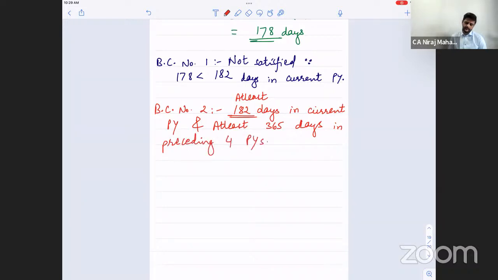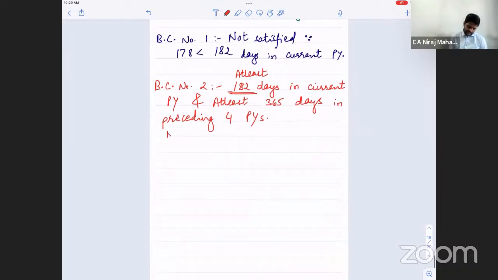Correct? Again, satisfied or not satisfied? Not satisfied, again for the same reason, since 170 is less than 182 days. Now, what is your answer?